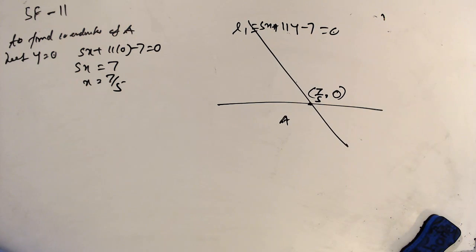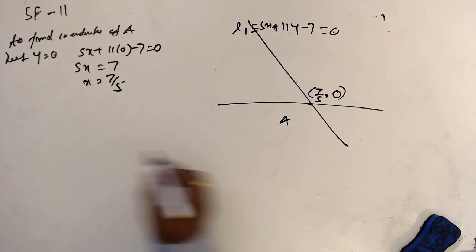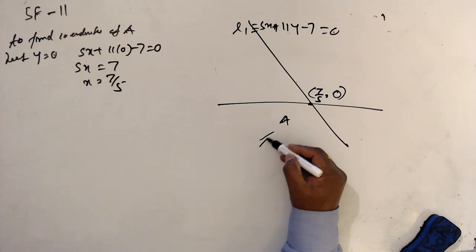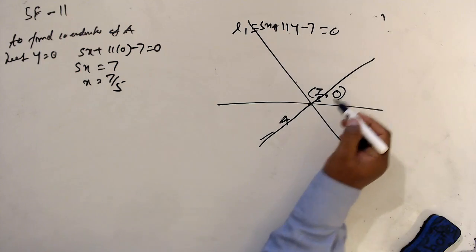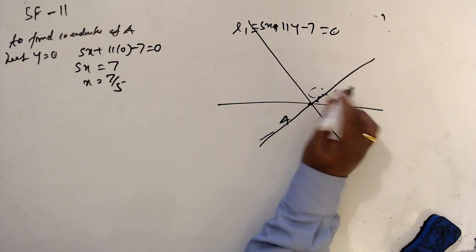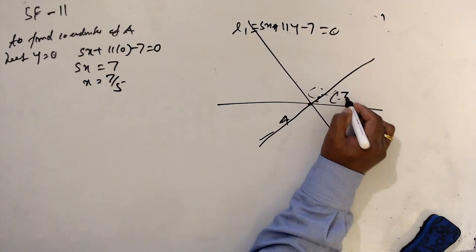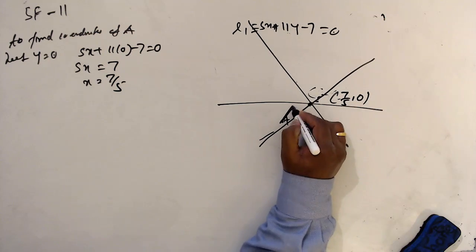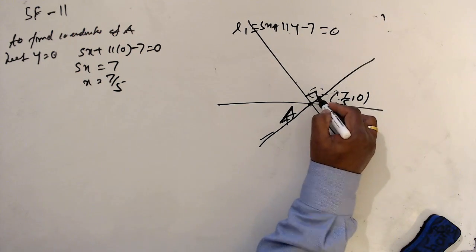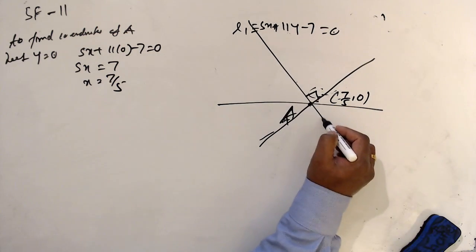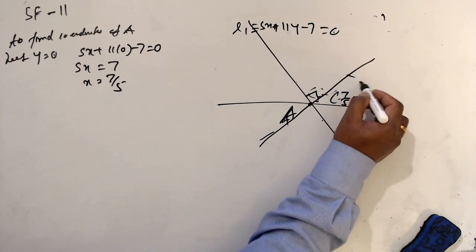Now another line goes through A, and this point is (7/5, 0). This is A and this line is perpendicular. If I know the gradient of L1, I can find the gradient of L2.